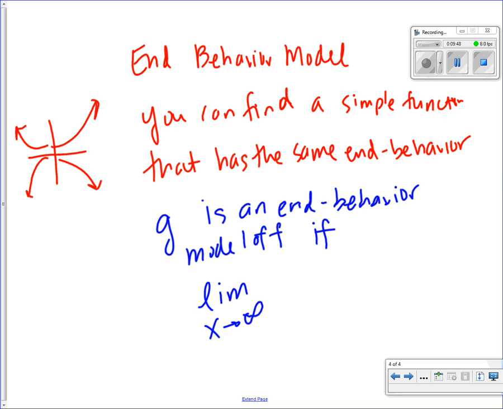G is an end behavior model of f if, this is the condition, when you divide the two functions, f of x divided by g of x, you get 1 as x gets sufficiently large.